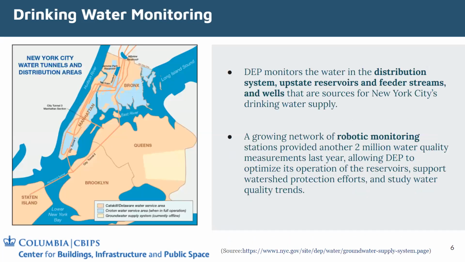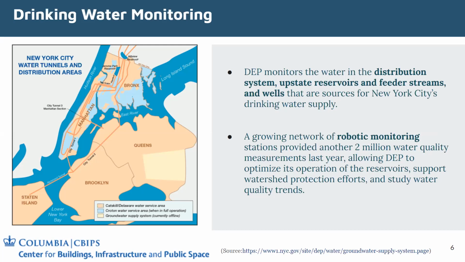So for the water monitoring process, they monitor the water in the distribution system, upstate reservoirs and feeder streams, and wells that are sources for New York City's drinking water supply.